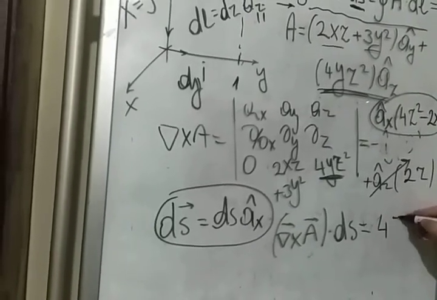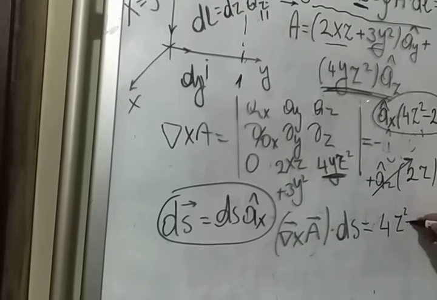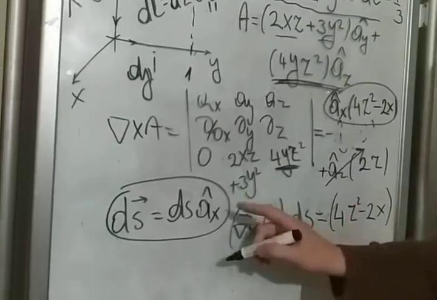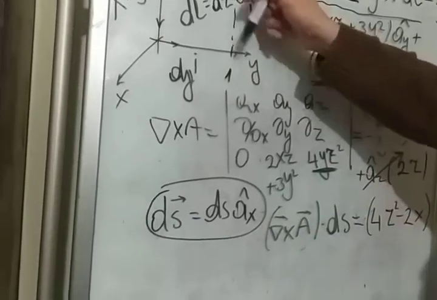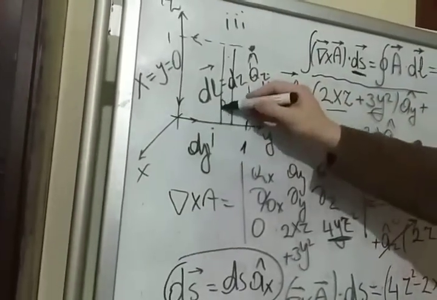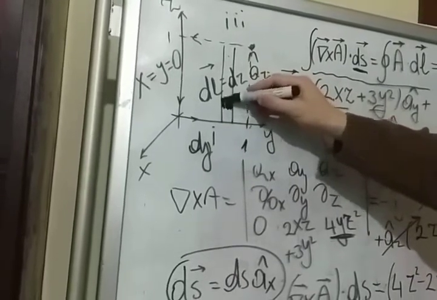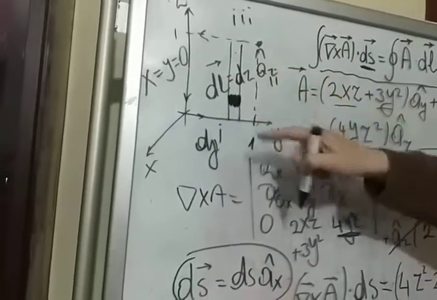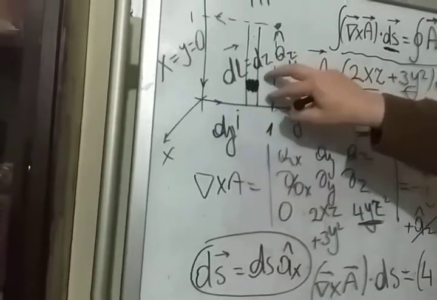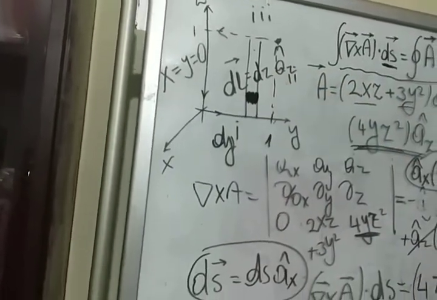4z squared minus 2x times ds. Actually the ds, the smallest surface area element that we can consider, could be something like this. This is infinitesimally small. What is this small area element here? It's dy times dz. So that's what ds is.